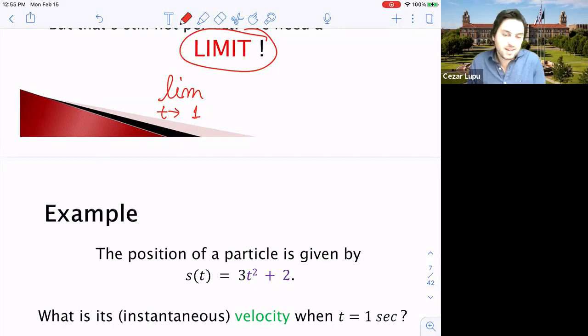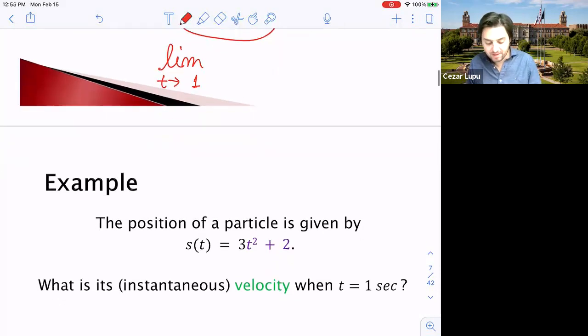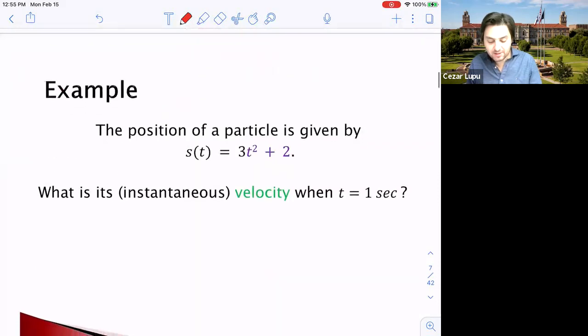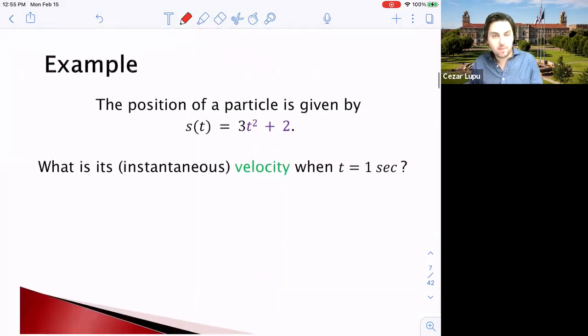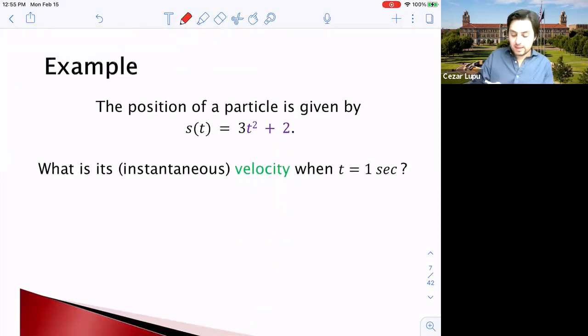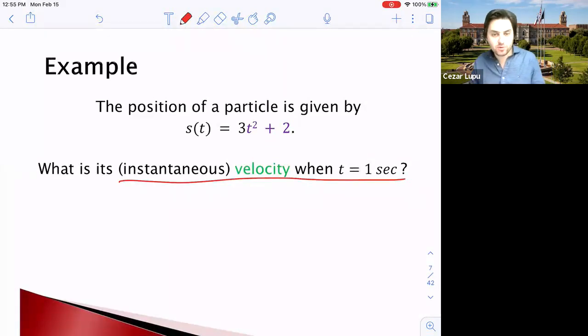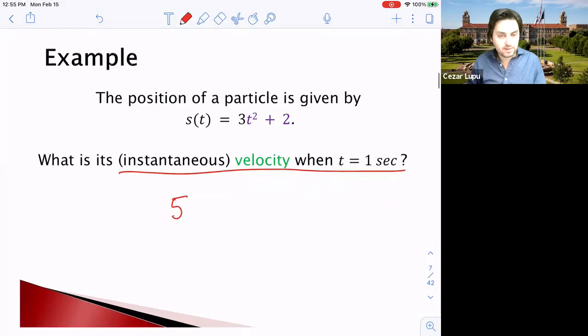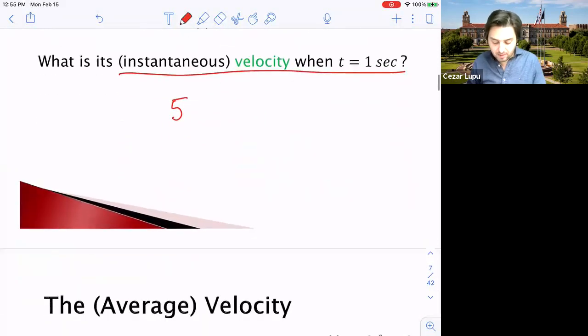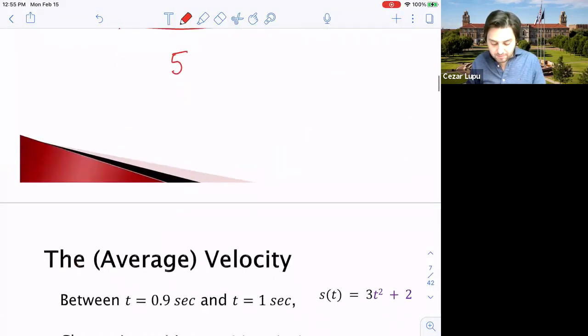Well, usually, okay, let's see. That is a question we like to answer. And maybe this will have to do something with that difference quotient over there. So many of you said 5. All right, let's see.